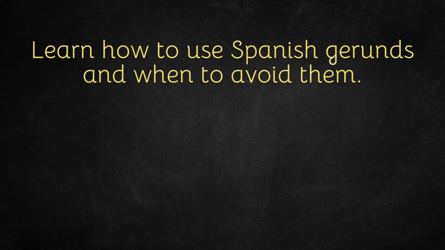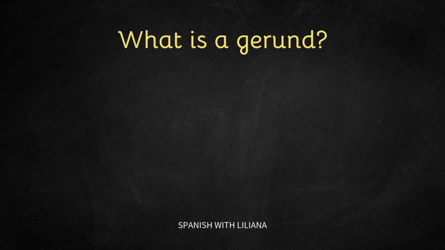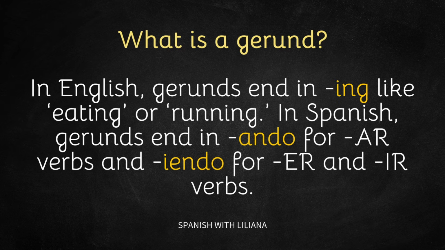Today we're talking about Spanish gerunds, how to use them correctly, when to avoid them, and how to sound more like a native speaker. Comencemos! First, what exactly is a gerund? In English, gerunds end in -ing, like eating or running. In Spanish, they end in -ando for -AR verbs and -iendo for -ER and -IR verbs.